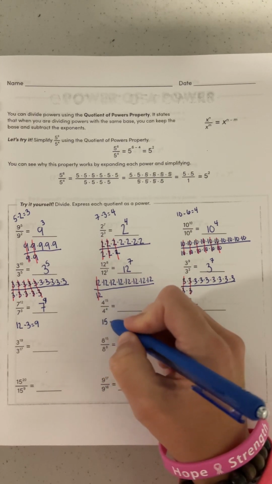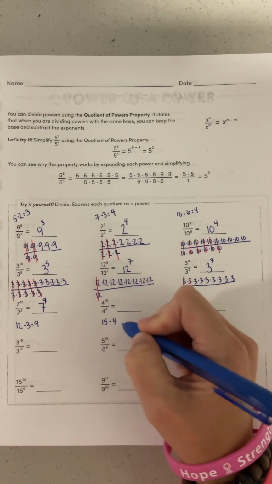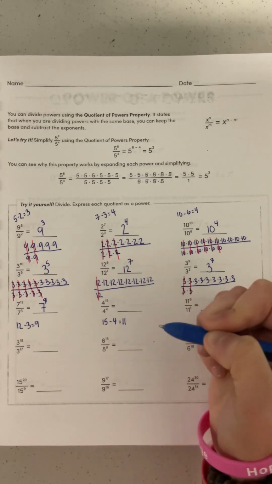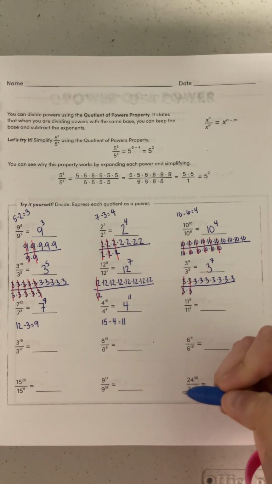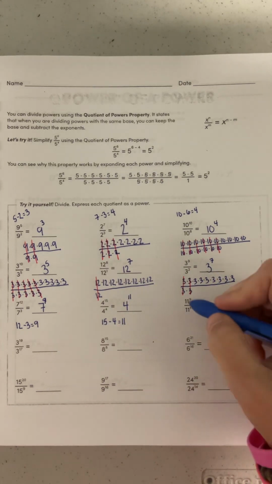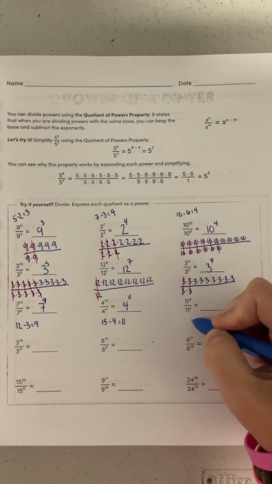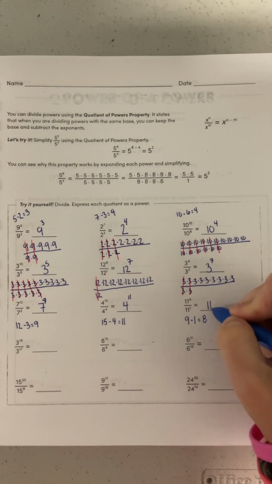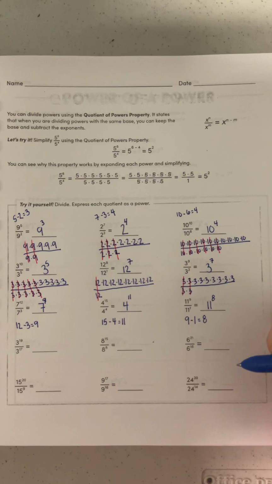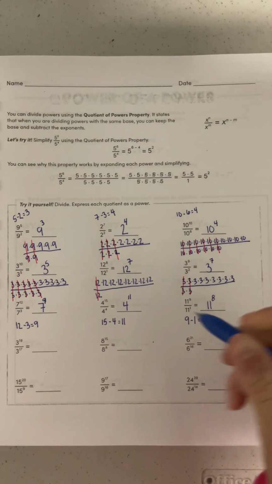Here we're going to take our exponent 15 minus the denominator exponent 4, which gives us 11. The base number stays the same, and 11 is our new exponent. Here our exponents are 9 on top minus 1 on the bottom. 9 minus 1 is 8, so the 11 is our base number, and 8 is our new exponent.